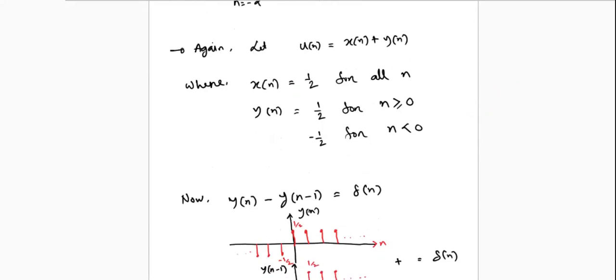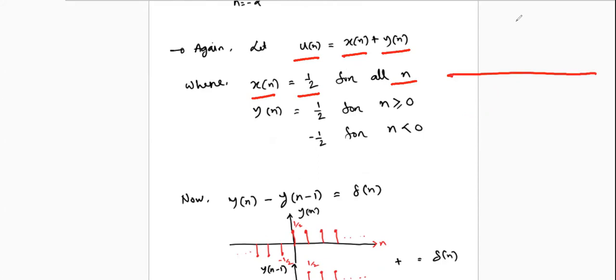We want to solve for un. So let un equal xn plus yn. We have divided this into two parts, where xn is equal to half for all values of n.